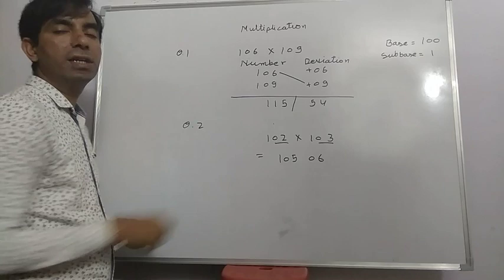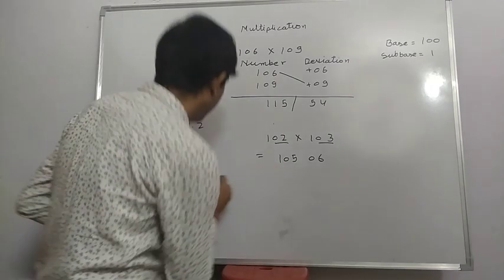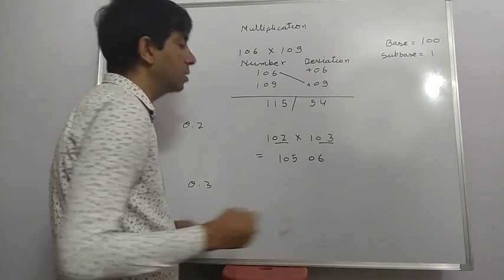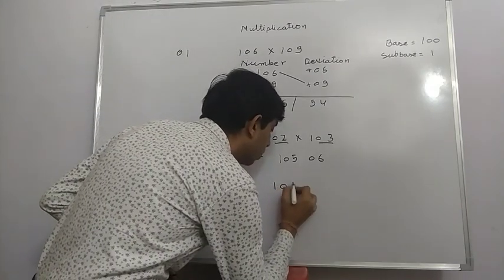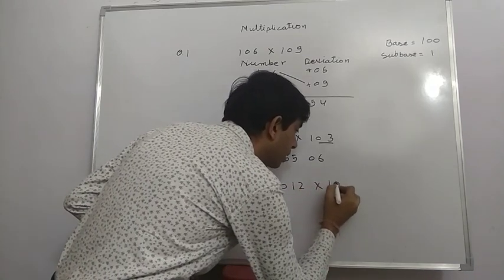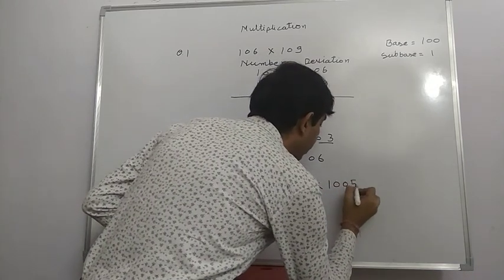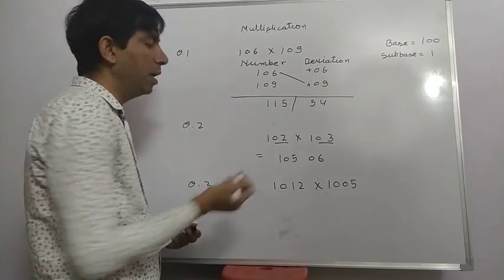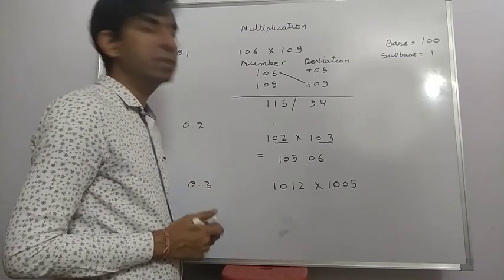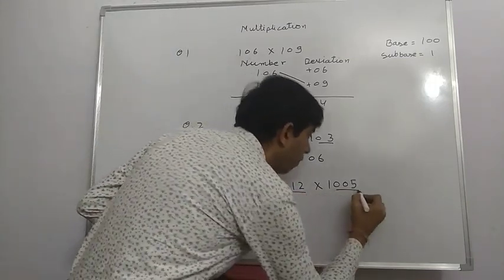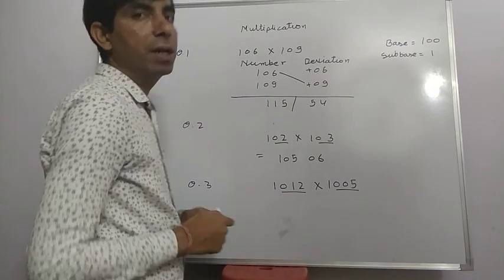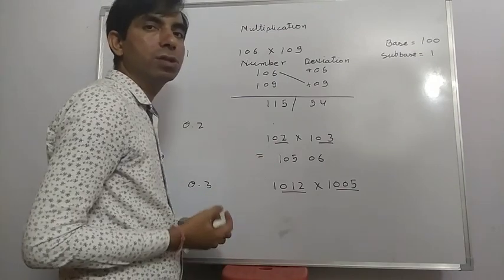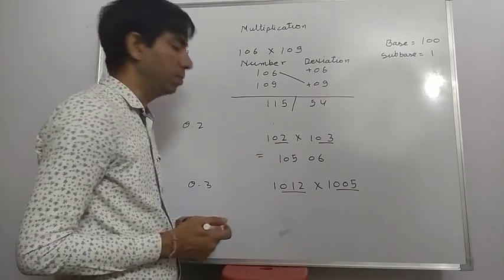So we solve it directly. And again, if we want to multiply any other numbers, like 1012 multiplied by 1005, here also we can solve by this method. Here the simple number is 1000 and the deviations are 12 and 5. For the difference, the big number is added and the small number is subtracted; after this question, we will solve the subtraction questions also.